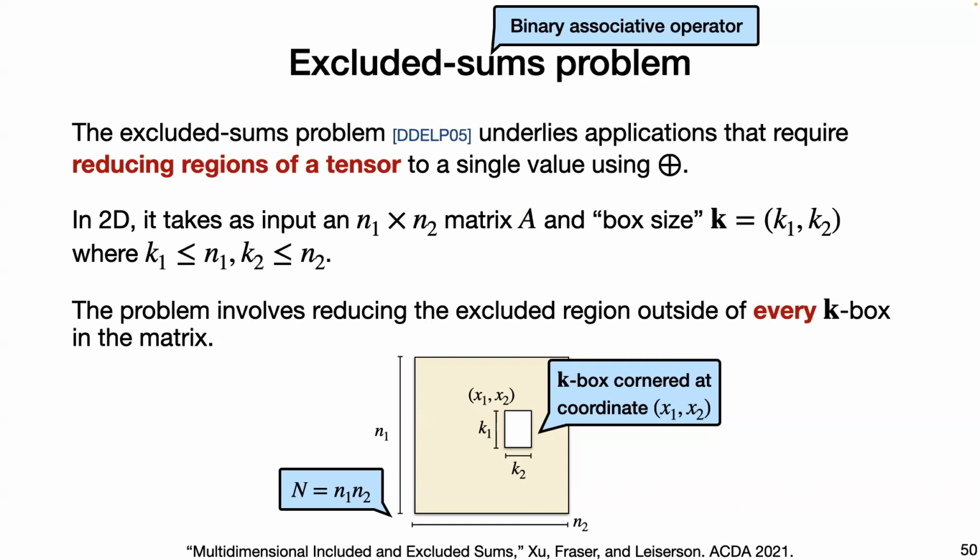And you want to compute every single exclusion from every single box, given a fixed box size. So the element in position x1, x2, after you run the algorithm, would be the sum of all the elements outside the box with the upper left at x1, x2, and the size k1 by k2.